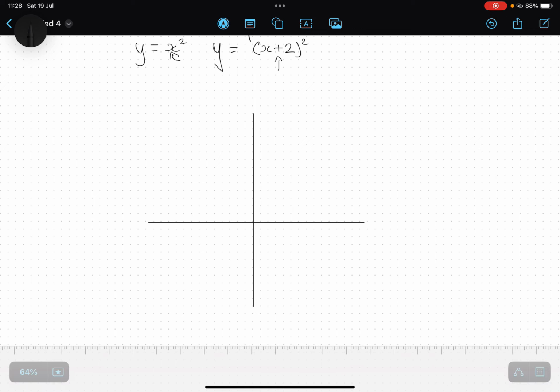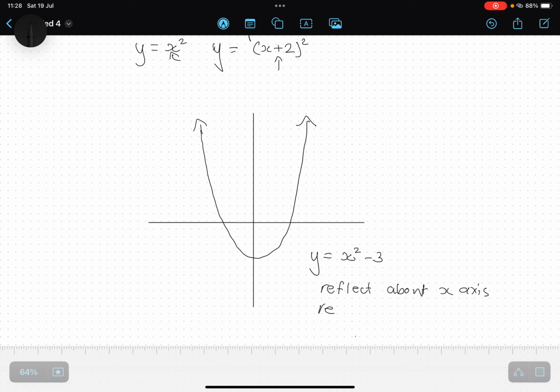So if we had, let's say, a graph like this, okay, and let's pretend it was this function, x squared minus 3, and we want to reflect this thing. We want to reflect it about the x-axis, and we want to reflect it about the y-axis.